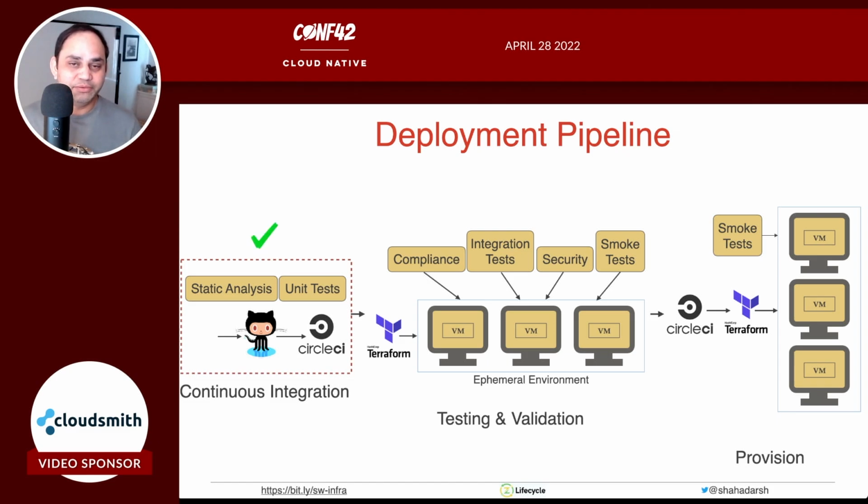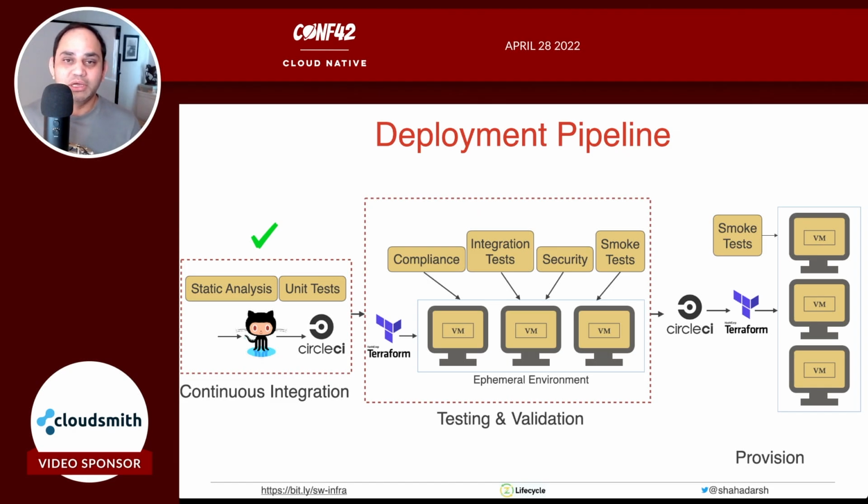After that's done, we do testing and validation. For that, we can provision temporary environments using IaC, run compliance tests, integration tests, any security checks that you want to have, and any smoke tests. This gives us confidence that our changes will work in production.